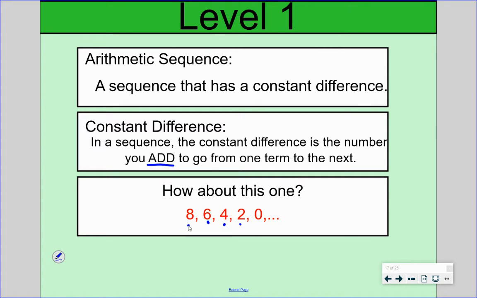Is there a number that we can add to 8 and get 6? Yes, we can add -2. So remember, this looks like we're subtracting instead of adding, but remember, subtracting is adding a negative. So adding -2 to each one, this is an arithmetic sequence.